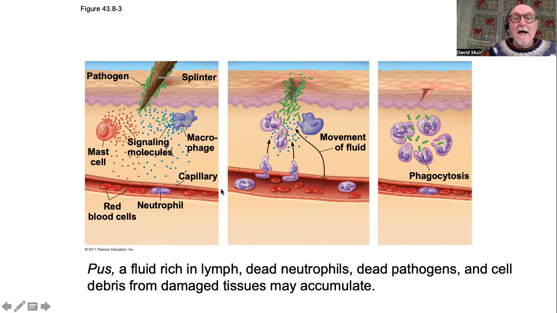At the same time, the walls of the blood vessels become leaky. That is, they allow serum to pass through them into the tissues. That is what causes the swelling of the area. So the leakiness is, first of all, to allow fluid to move in, but second of all, to allow the neutrophils to make their way through the capillary walls and into the tissues.